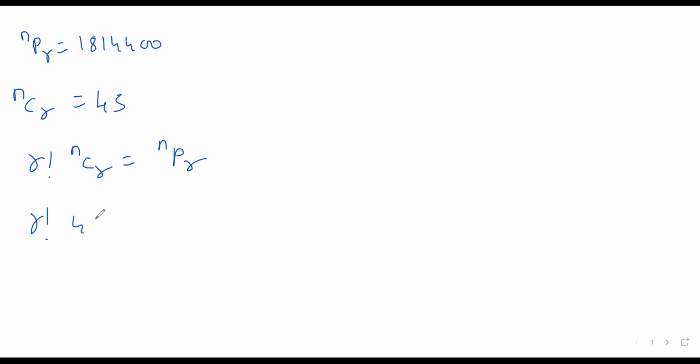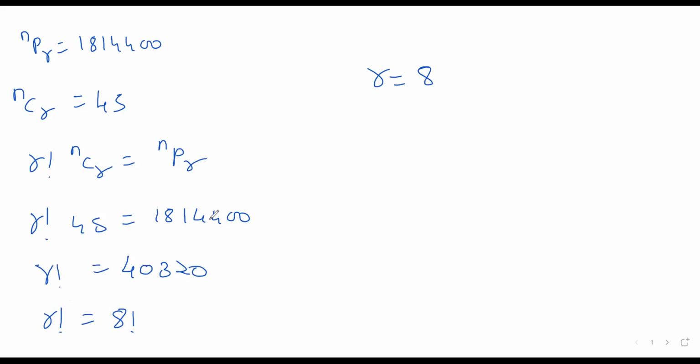So r factorial times 45 is equal to 1814400. So r factorial is 1814400 divided by 45, which is 40320. This is nothing but 8 factorial. So r factorial is 8 factorial, so r is equal to 8.